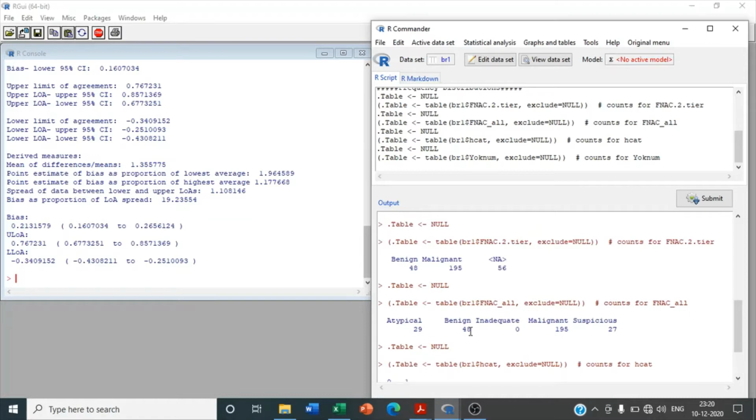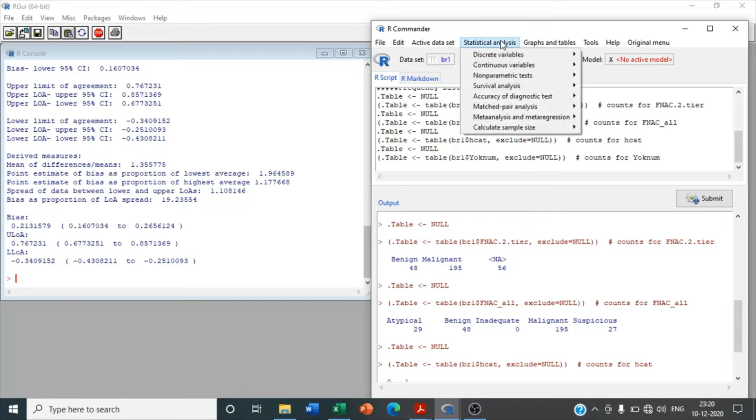So, how do we check out the sensitivity and specificity? First, let us take the example of the cases which have been coded just as benign or malignant, the simple 2 by 2 case, and then we will proceed further. For benign and malignant, we first do a cross tabulation.